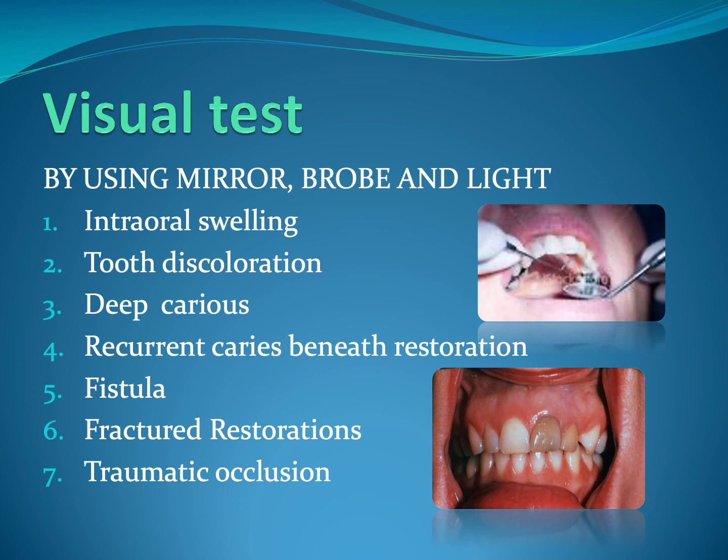The discoloration may be due to a trauma from previous years, and it doesn't make any pain, so he leaves it, so the pulp becomes necrosed. We have to make a very good examination for all teeth.